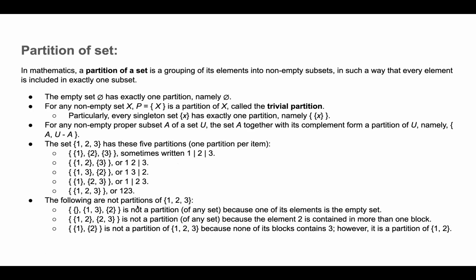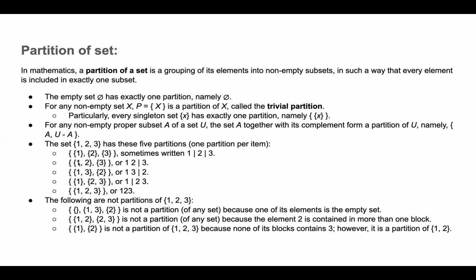Then next is {1, 2} in one set and {3} in another set. Then it will be {1, 2}, and here we can write {3}. Why is the partition not done here? Because it is given in the same set.